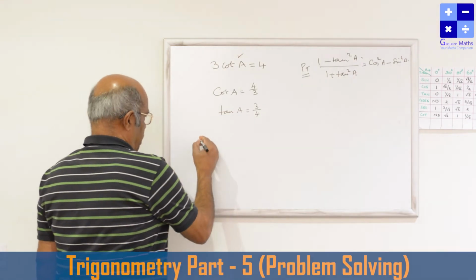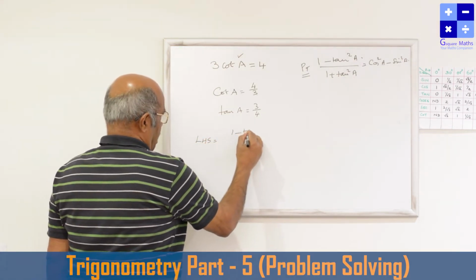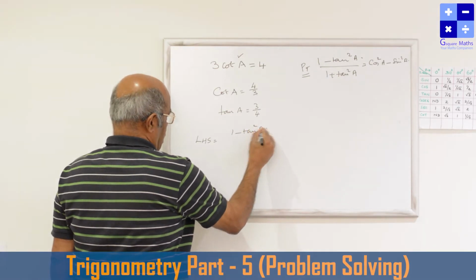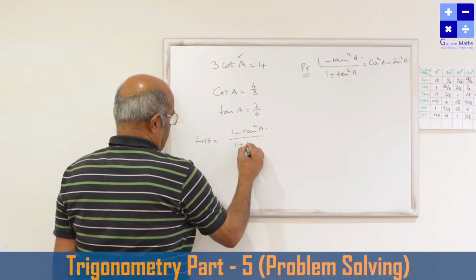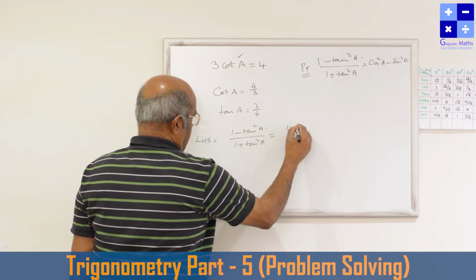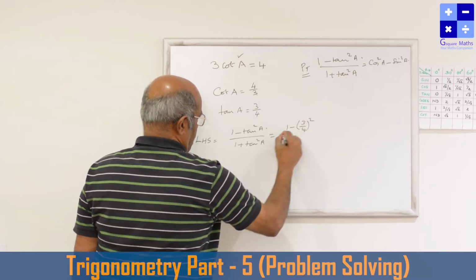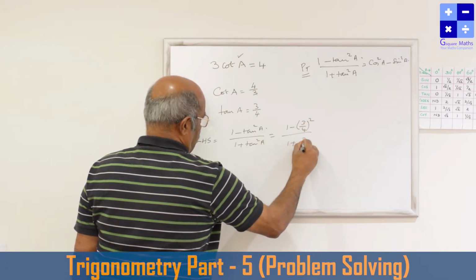The left hand side will be 1 minus tan square A by 1 plus tan square A. That is equal to 1 minus 3 by 4 whole square by 1 plus 3 by 4 whole square.